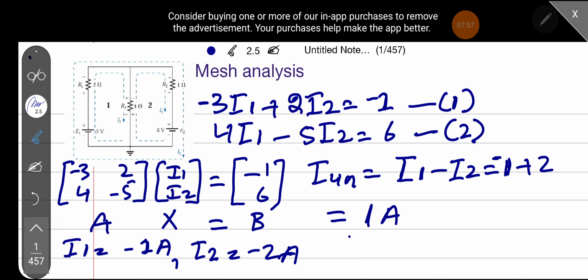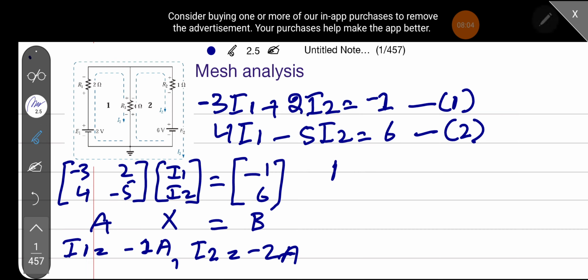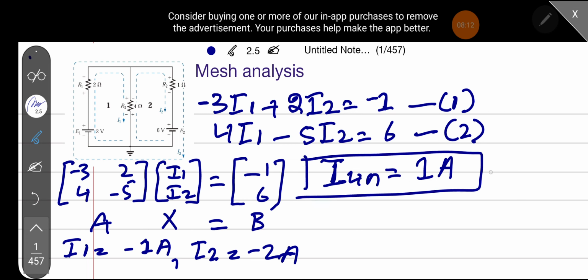So the current across the 4 ohm resistor is equal to 1 ampere. So this is the end of our lecture. Thank you for watching.